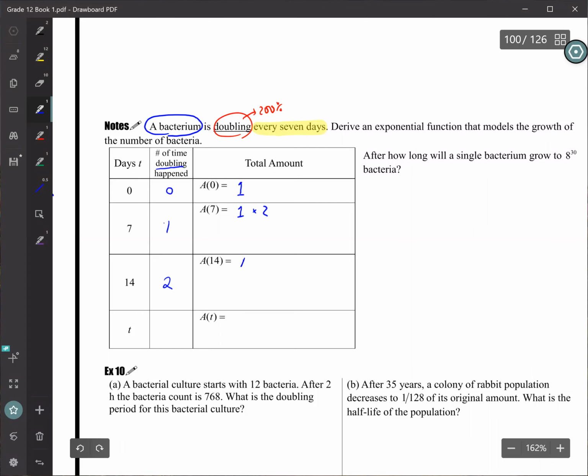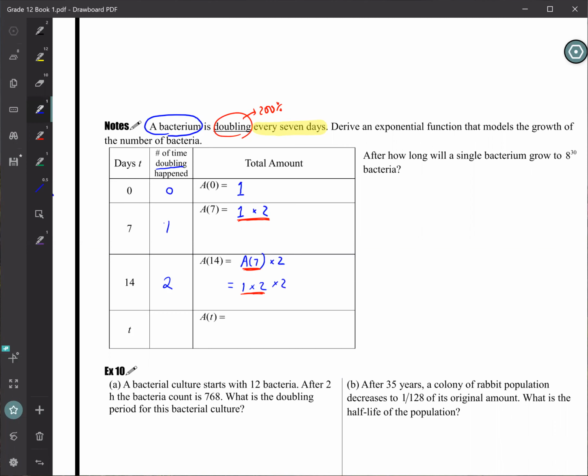So you have to take A7, whatever you had before, and then double that. Just like before, we got to replace. A7 is actually this whole thing. So we would have 1 times 2, which is the amount after the first 7 days, and then double that. Let's express this using exponents.